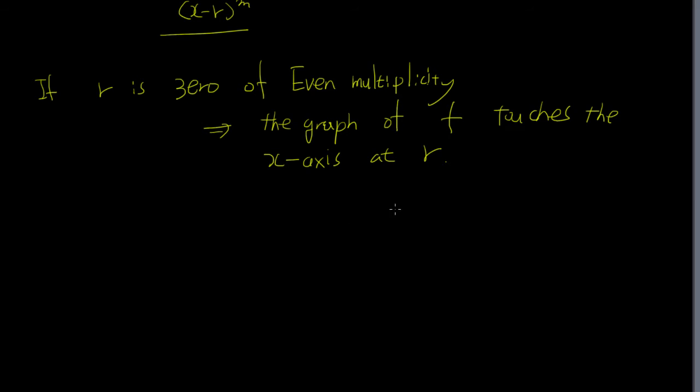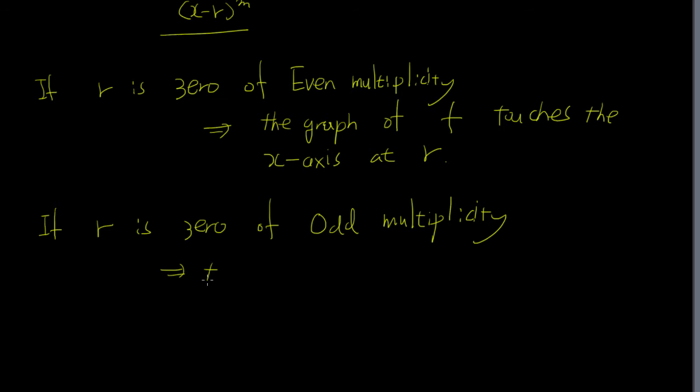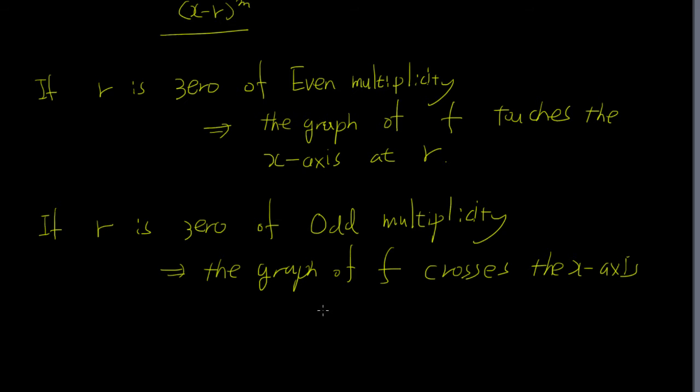And if r is a zero of odd multiplicity, then the graph of f crosses the x-axis at r. Whatever that means.